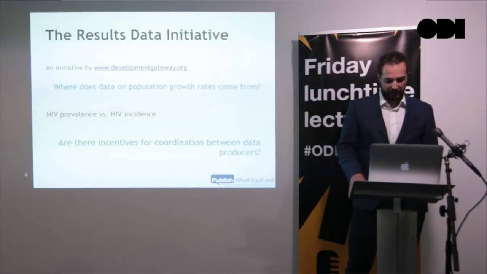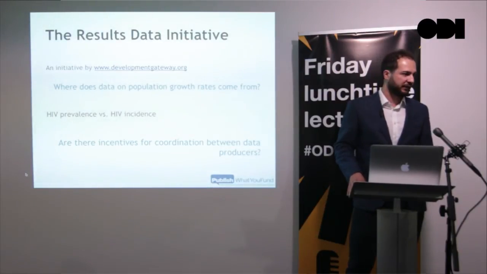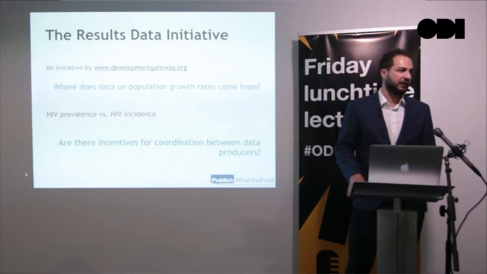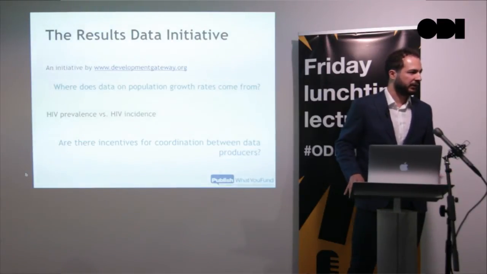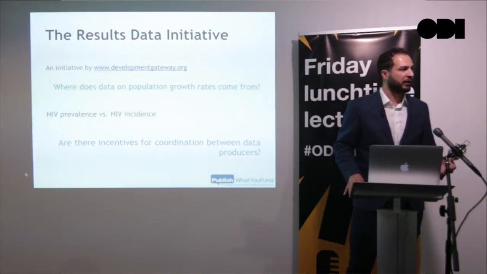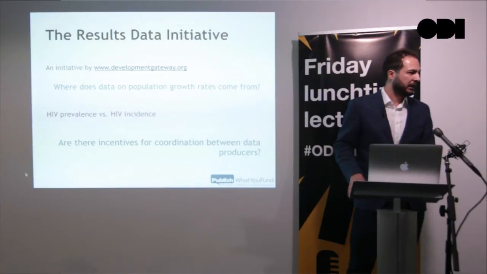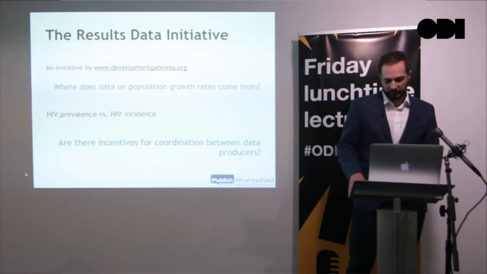Now, whilst both figures are clearly important for various reasons, the point that I'm trying to make here, and that I think Development Gateway are also making, is that the needs of international reporting currently often come before the needs of local actors. And we believe that this is something that needs to change, and that the data should first and foremost serve the needs of local actors. That's not to say that we don't need to know what HIV prevalence rates are, of course we do, but if we want to actually see change over time and to promote ownership at national level, surely data first and foremost should serve the needs of those who need it most.